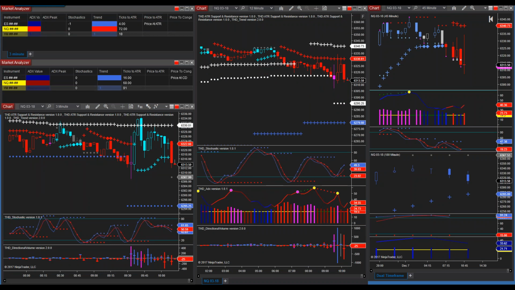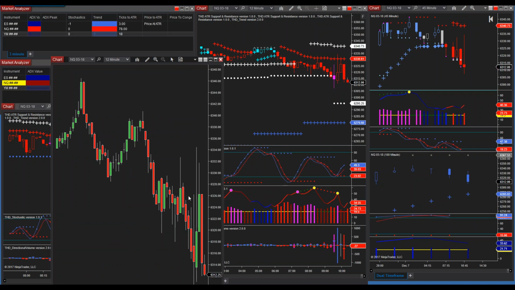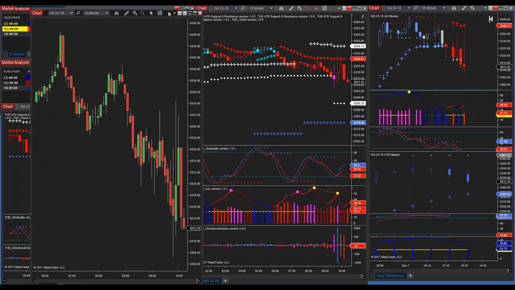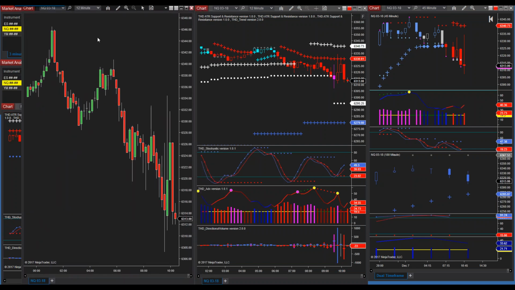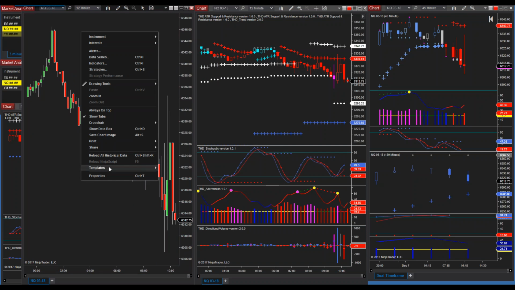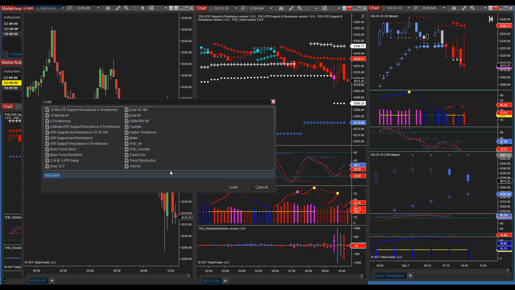And we're going to do this on a 12-minute chart. Let me get it set up real quick. Now, this doesn't have any indicators on it right now. I'm going to load the template with the 3 ATRs. That's not the right one. This is the right one.